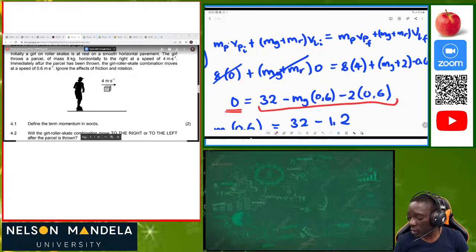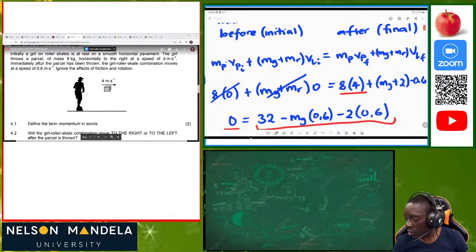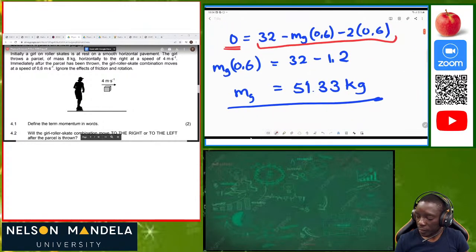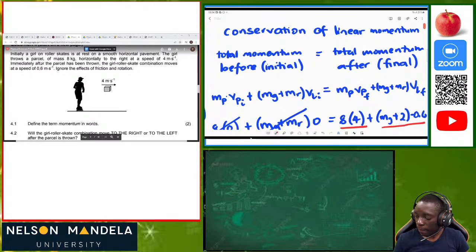Which means the velocity times the mass of the parcel should be equal and opposite to the momentum of the girl and the roller skates. That's how we get the mass of the girl. So in other words, the total change in momentum of a closed system is equal to 0.